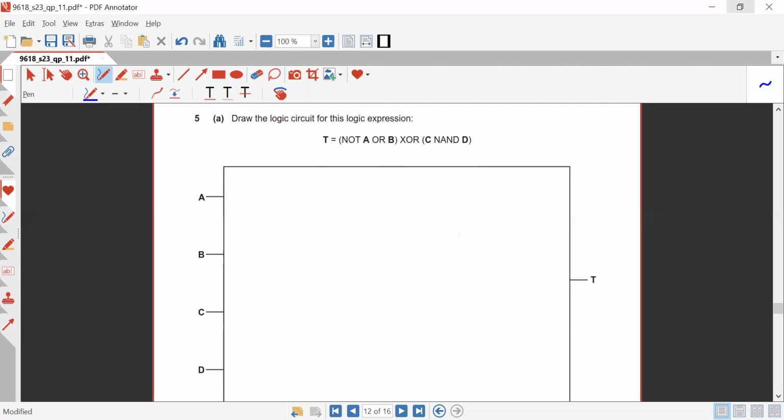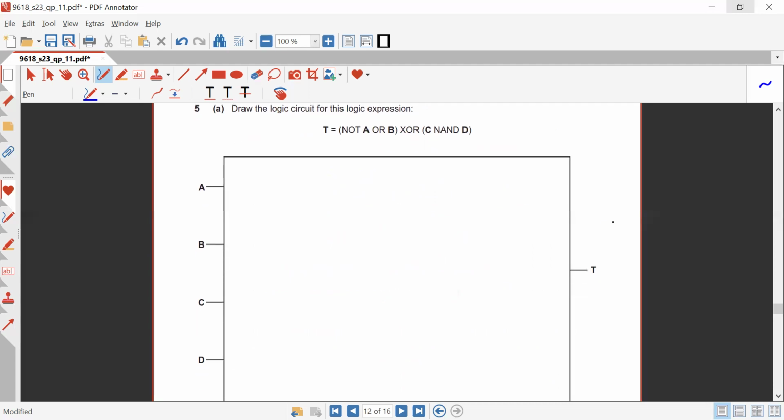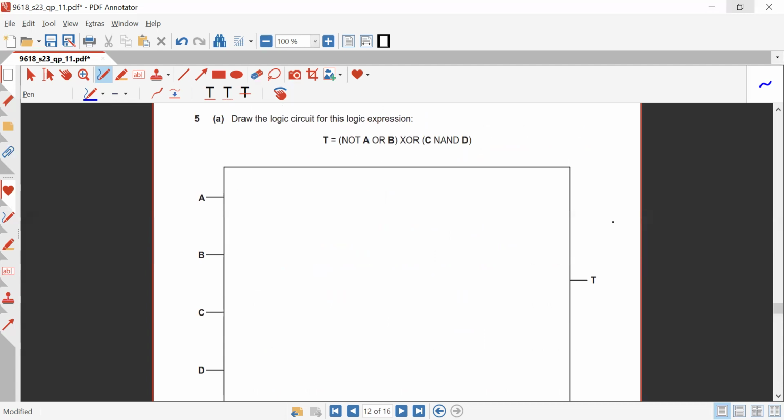Now moving to the next question, regarding logic gates, question number 5. It says draw the logic circuit for this logic expression. T is equivalent to (NOT A OR B) XOR (C NAND D). Remember that by default each input and output is 1, so to convert an input into a 0 we need to apply a NOT gate.